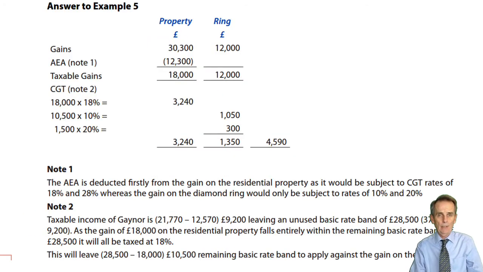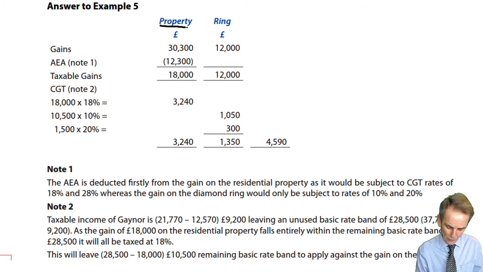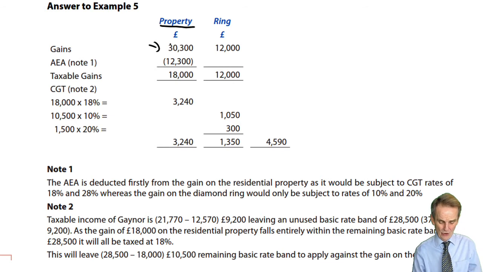Okay, well, let's see how we got on with this more interesting problem, but hopefully from what we said when we talked you through the information of the question, again, we've come out with the correct answer. Rather than now just a single calculation of the overall taxable gains, we've split it. We've split it into what was the residential property gain, a figure given of 30,300, and what was just other assets there, and that was 12,000.